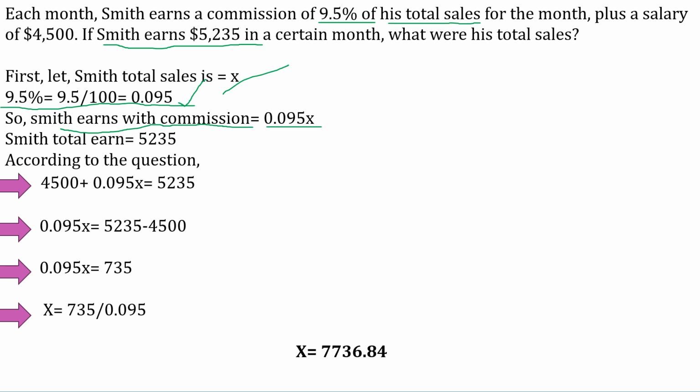Then we can move 4,500 to this side and it will be 735.